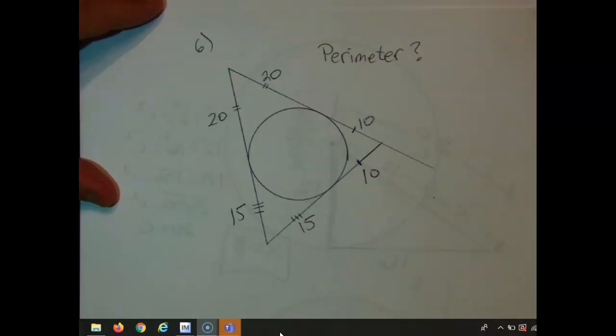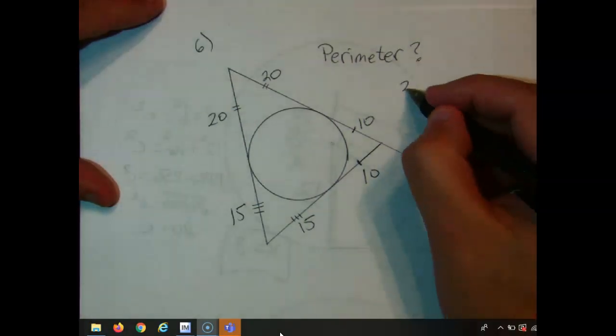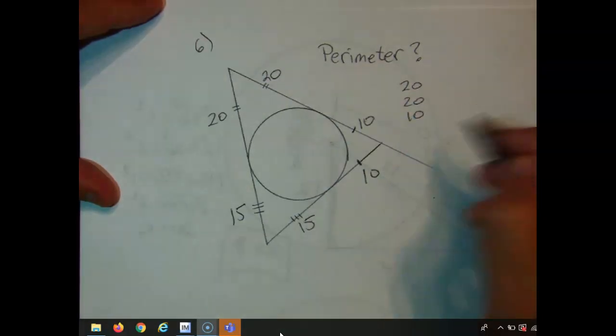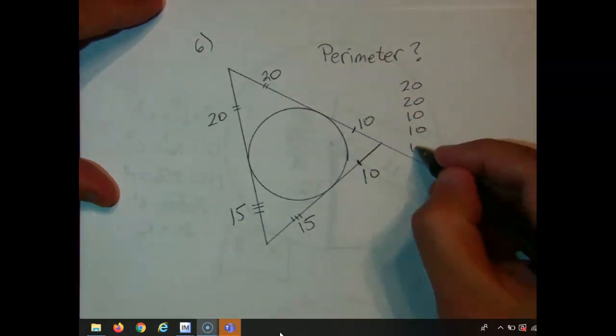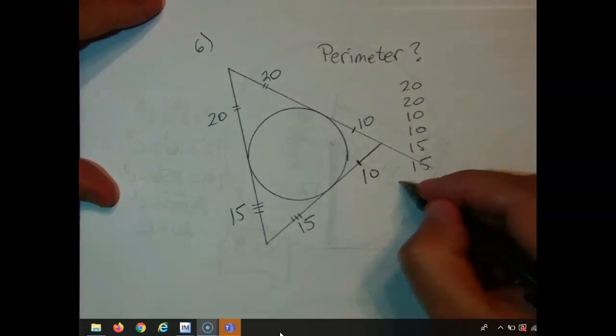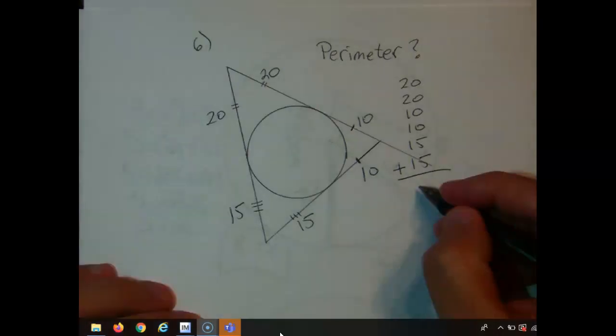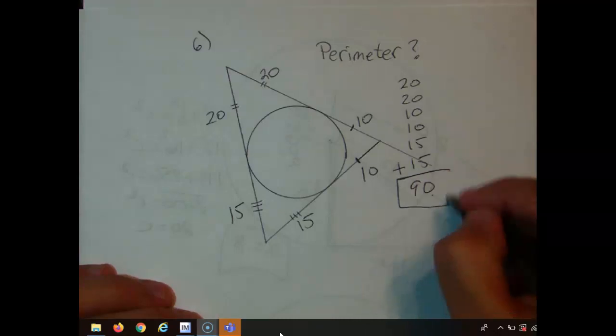Then we're just going to add all the numbers up. So 20 plus 20, 10, 10, 15, and 15. And you get a total of 90 as your perimeter.